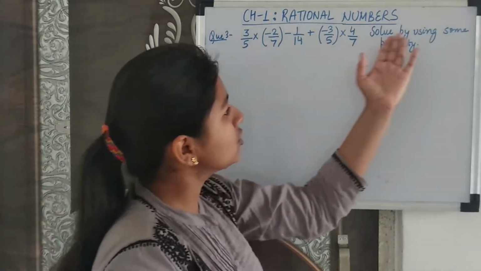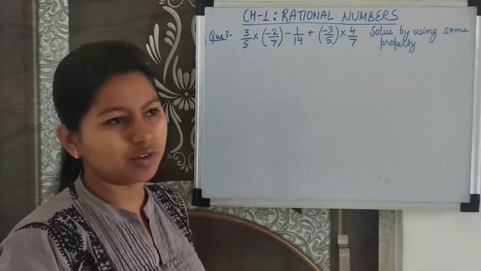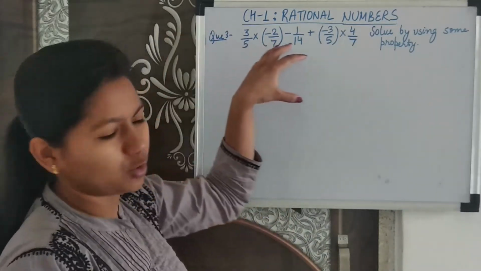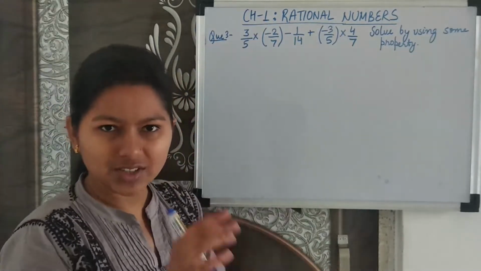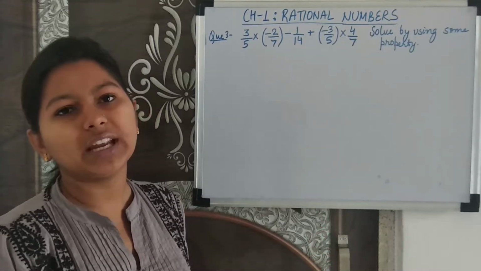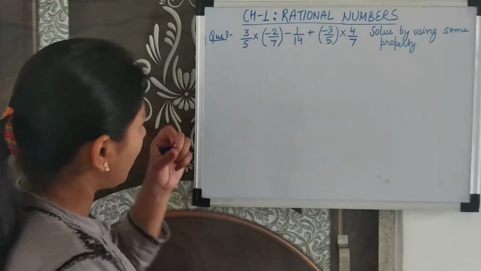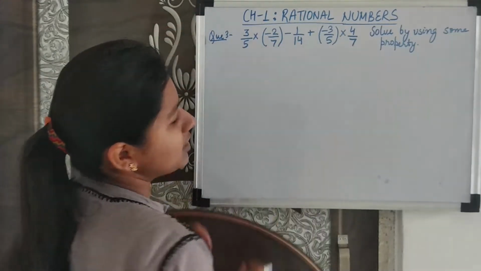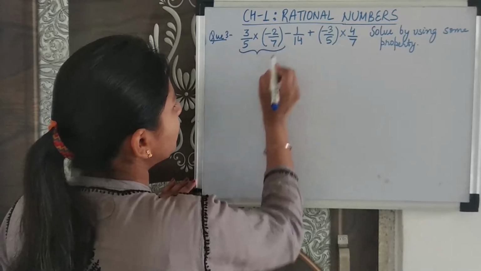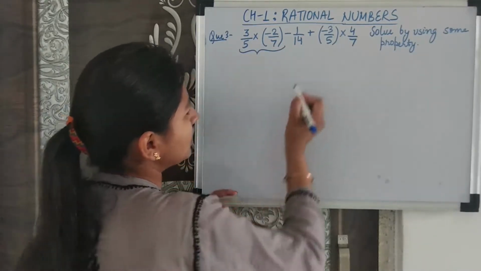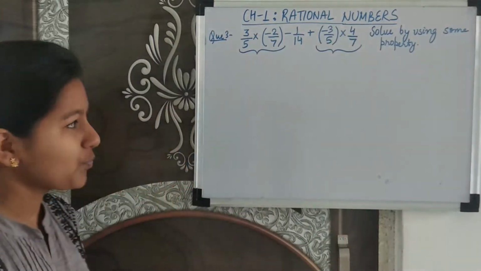The question is solved by using some property. Whenever there is any question, first you have to observe that question properly. You have to see all the numbers and analyze what we can do with them. Once I have seen these numbers, I found that 3 by 5 is repeated 2 times. One is 3 by 5 into minus 2 by 7, and the other is minus 3 by 5 into 4 by 7.